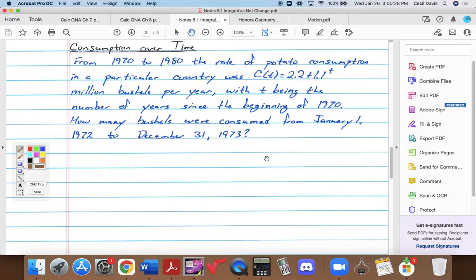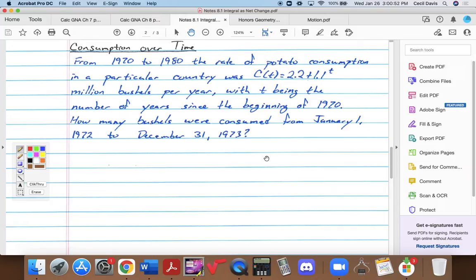On problems where there are multiple rates, that's really important. It makes things a lot nicer for you. So C of T is equal to 2.2 plus 1.1 raised to the T power million bushels per year, with T being the number of years since the beginning of 1970.